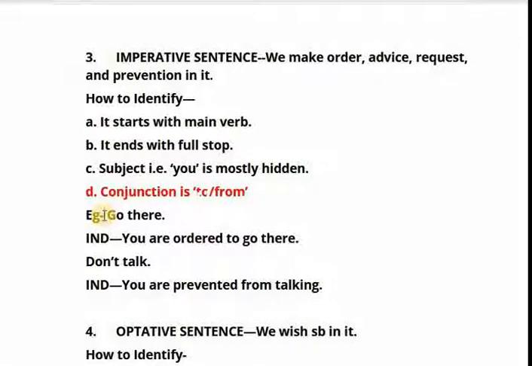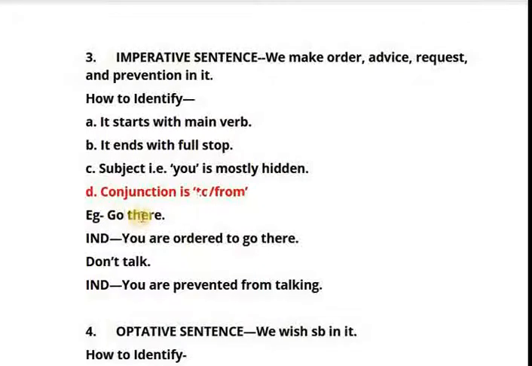Here are the examples. Go there. Go is a main verb, which I have told starts the sentence. So go is a main verb. Go there. You, which is hidden in this.